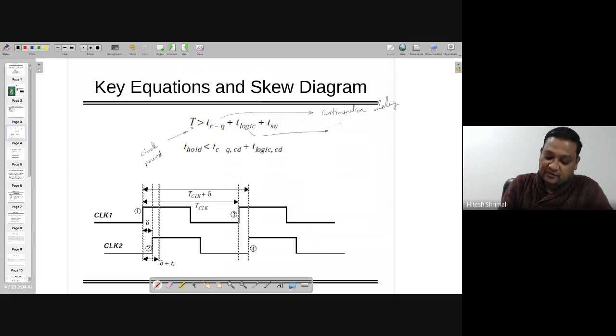So this is coming from the logic delay. Either this is the clock to Q delay, and this is the setup time.